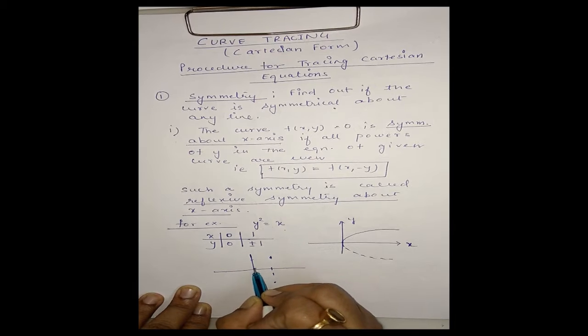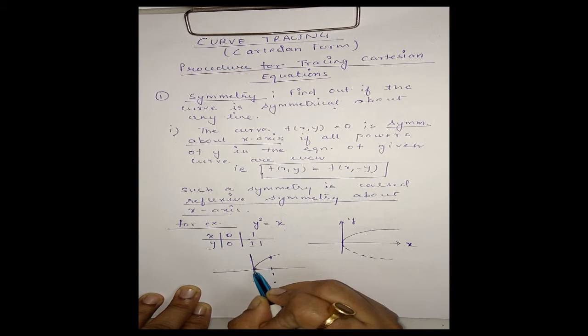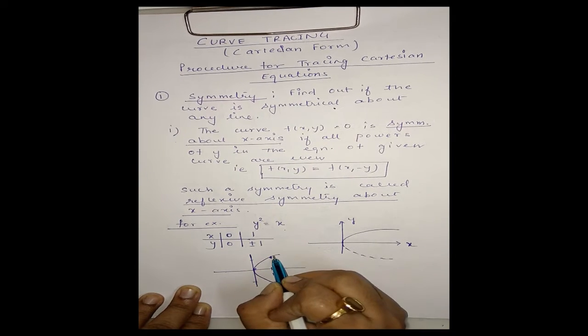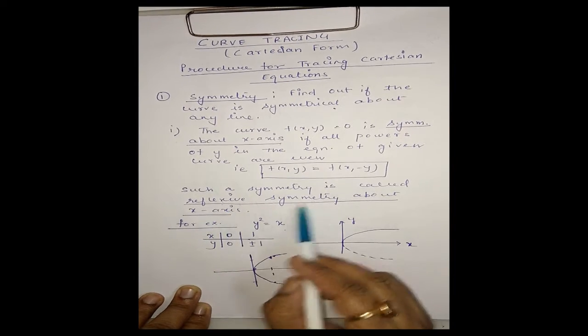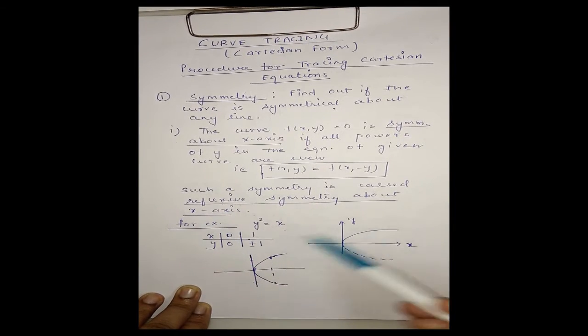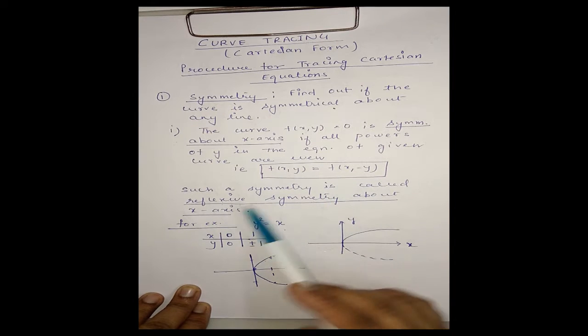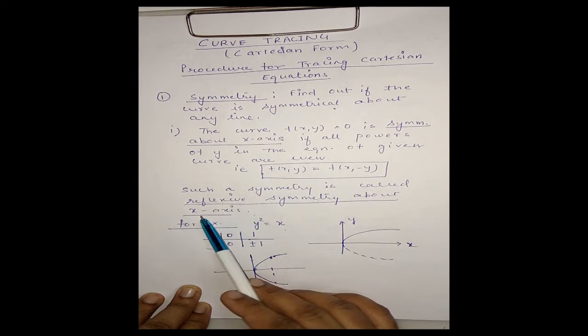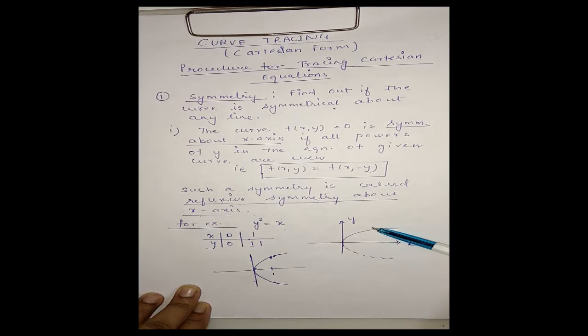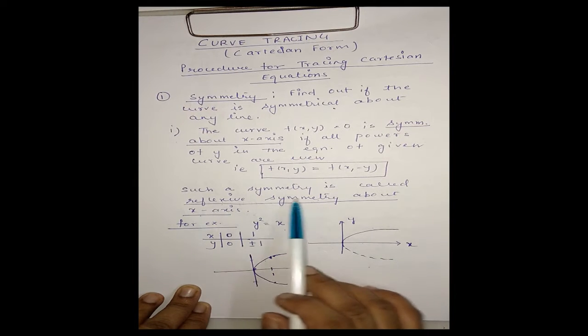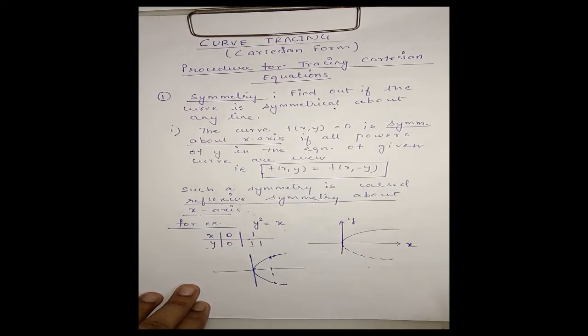And it passes through the origin. The curve is of this form only. This is reflexive symmetry about the x-axis. In order to trace a curve symmetric about the x-axis, it is enough to sketch the curve above the x-axis, then take its reflection with respect to the x-axis. This is reflexive symmetry about the x-axis.